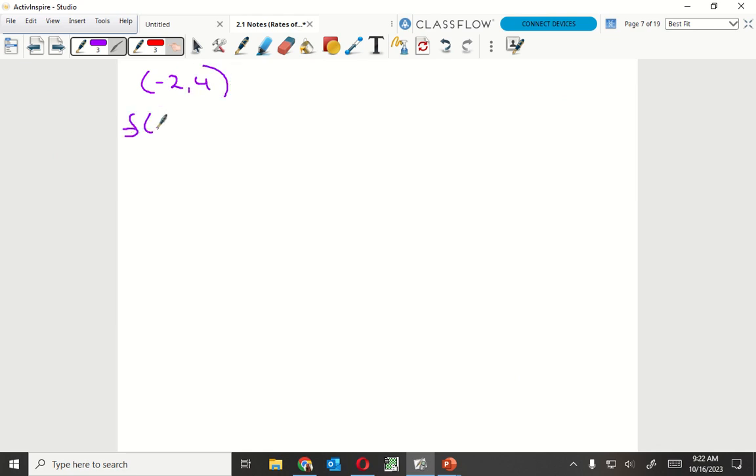So if f of x is x squared, and f prime of x equals 2x, now we're trying to find the normal. If f prime of -2 is -4, remember, this is the tangent.